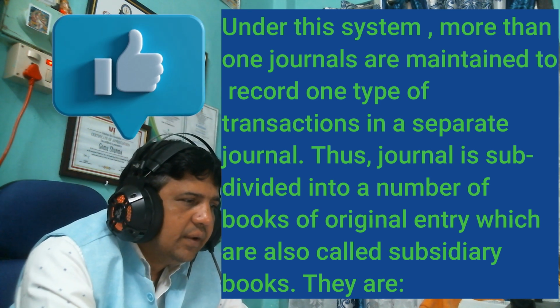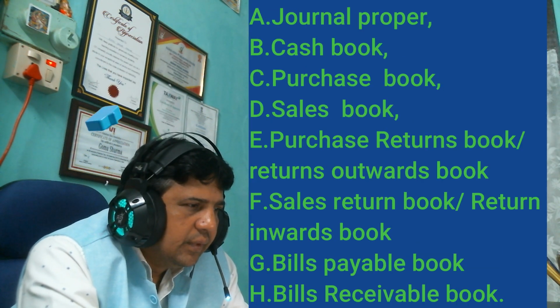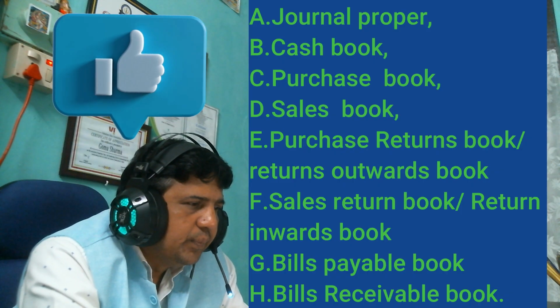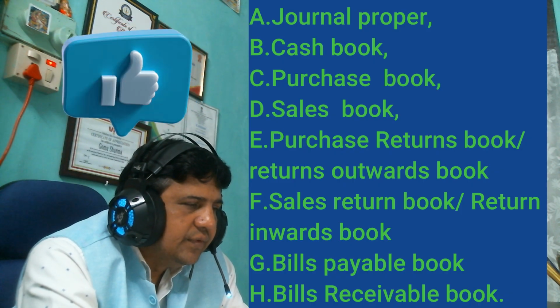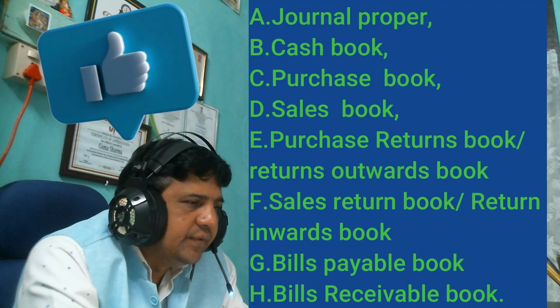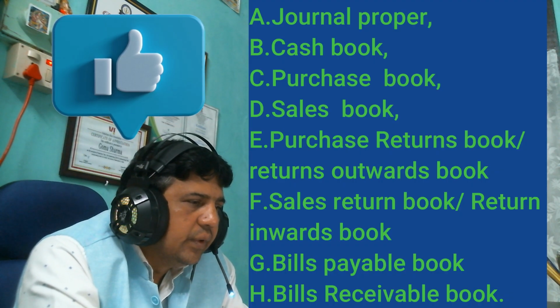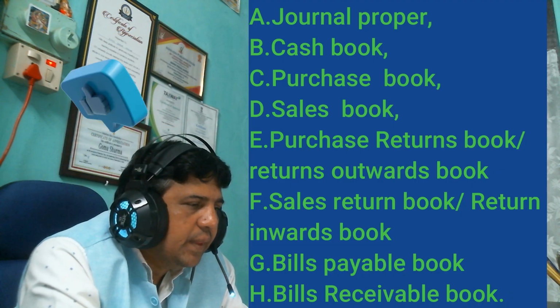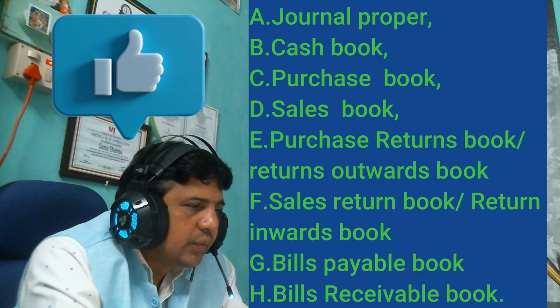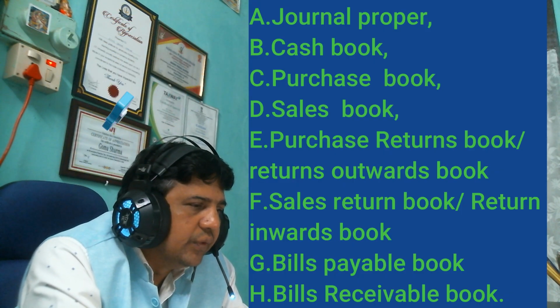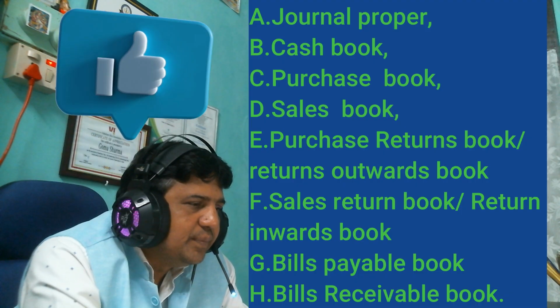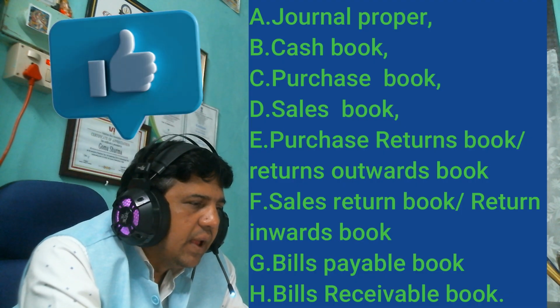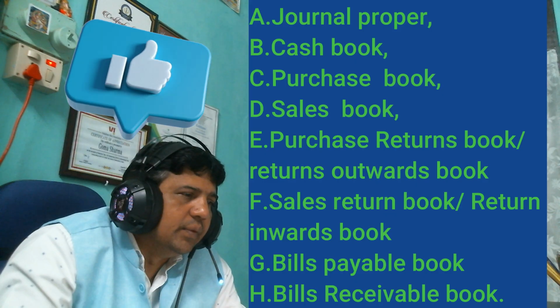They are journal proper, cash book, purchase book, sales book, purchase return book or return outwards book, sales return book or return inwards book, bills payable book and bills receivable book.